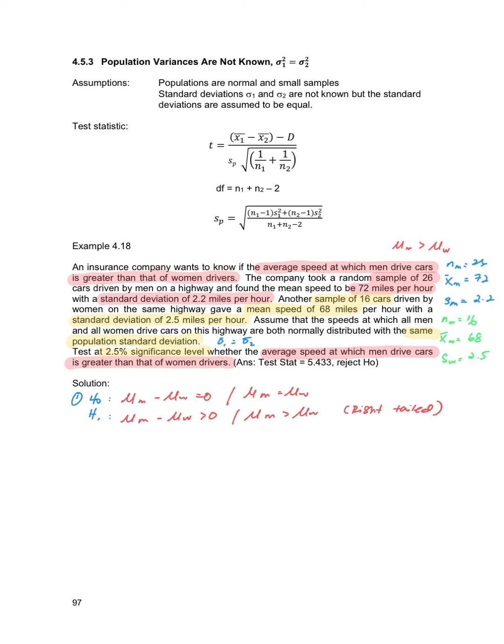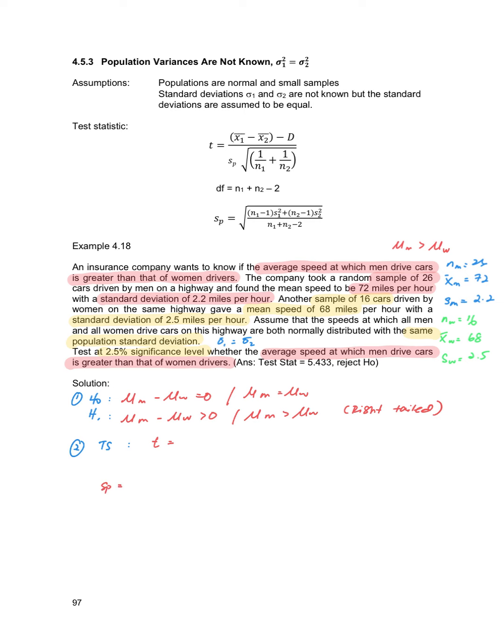So step number 2, find the test statistic. So our test statistic adalah T. So T equals to x bar, but jangan lupa kena cari Sp dulu ya. So kita cari Sp dulu.